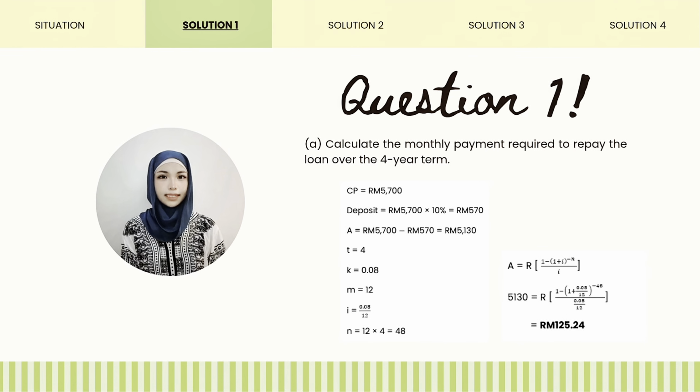First, we need to calculate the monthly payment required to repay the loan over a period of 4 years by using the present value of an annuity formula, where A is the present value, R is the periodic payment, i is the periodic interest rate where i is equivalent to k over m, and n is the total number of payment periods where n is equivalent to m multiplied by t.